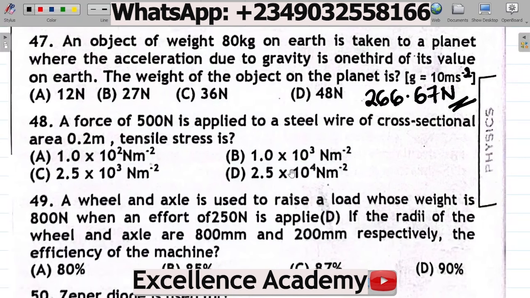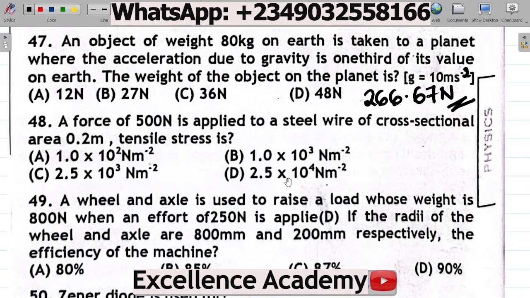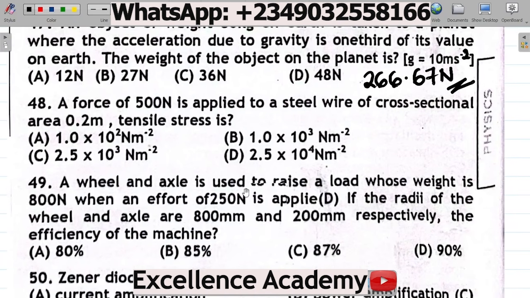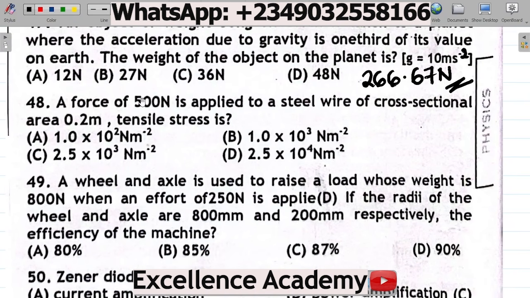All right, moving on. Question number 48. Let's do 48. 48 says a force of 500 Newton is applied to a steel wire of cross-sectional area 0.2 meters. The tensile stress is, you have option A, option B, option C, and option D. So how do we solve this question?